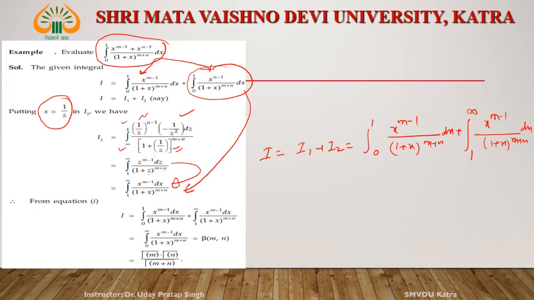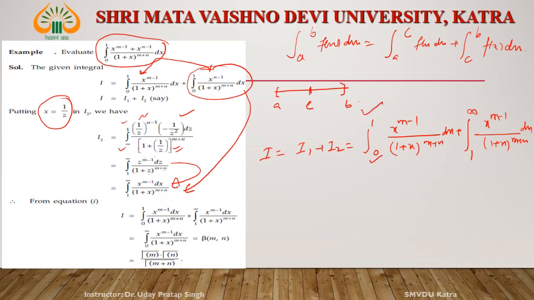Now apply the formula of definite integral, that is a to b f(x) dx is equal to a to c f(x) dx plus c to b f(x) dx. Now this is a, b, and this is c, so a to c, and this c to b.